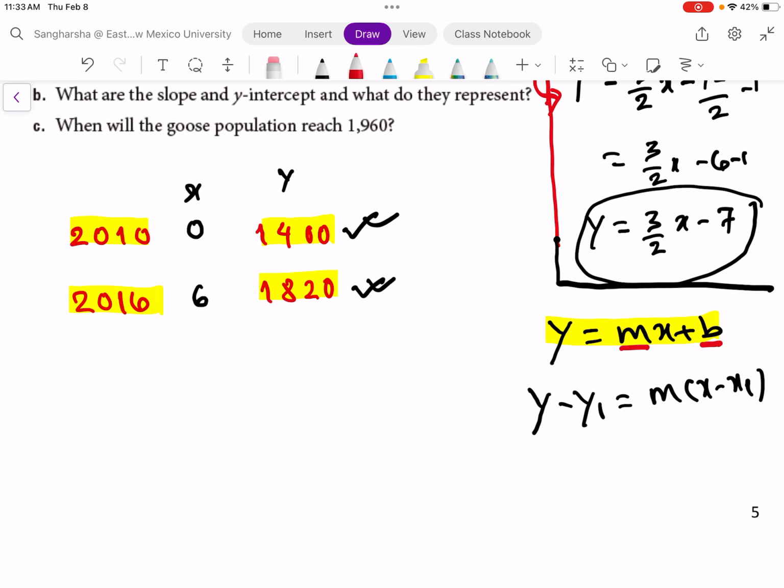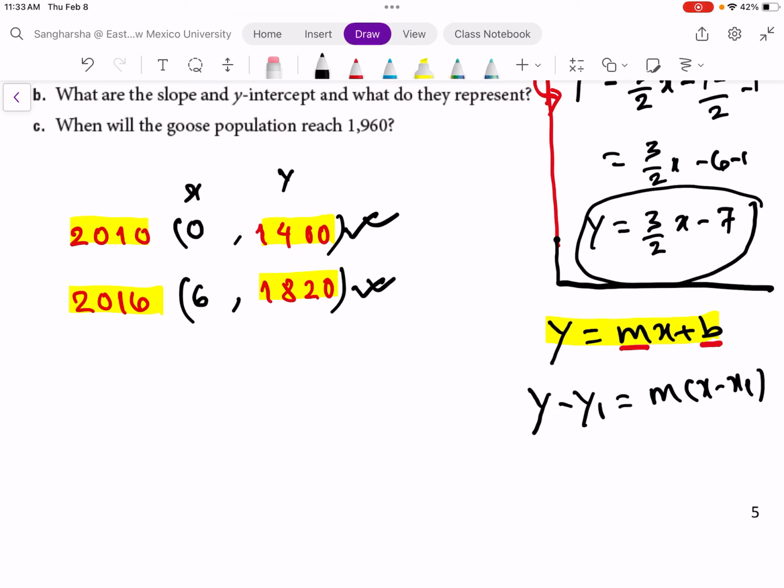Now, do we know the slope here, or can we find it? We have two points, so do not get confused: this is one point and this is the other point. We can find the slope. Now what about the y-intercept?